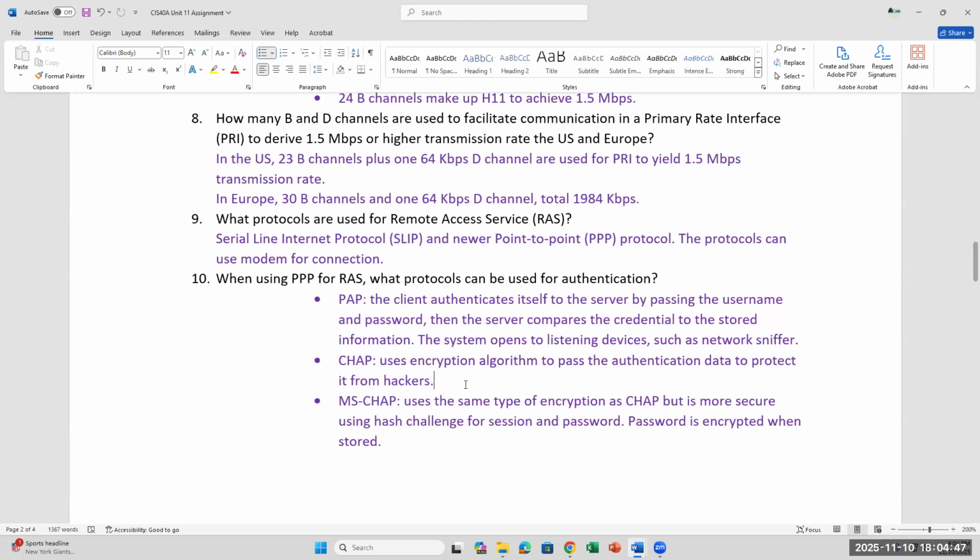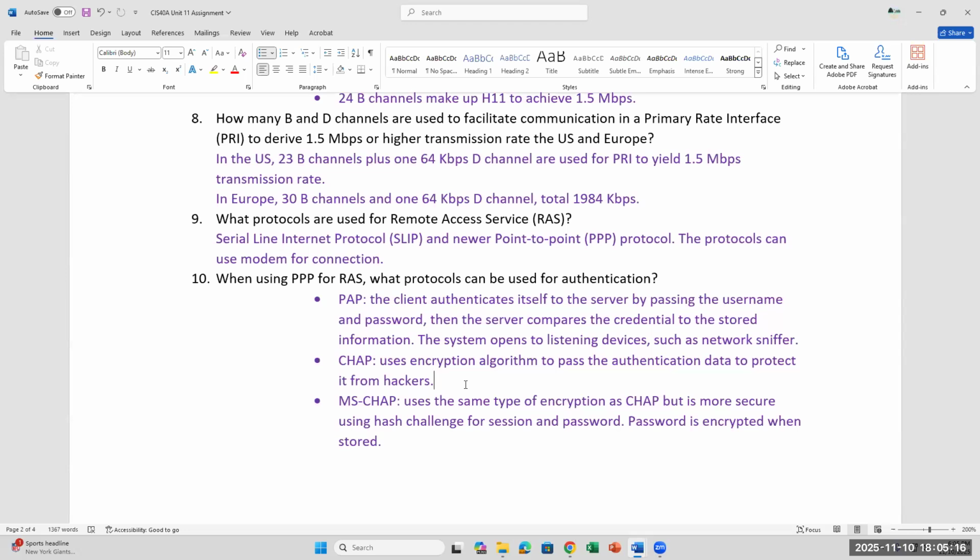So typically when you log in with your username and password, your credential is passed to your authentication server. It does a comparison. Is it a match? If there's a match, your SAM, your security agent, would then issue you a token to say, this is what you're allowed to do on that system and on our network. So CHAP was a little bit more secure because we have encryption implemented.